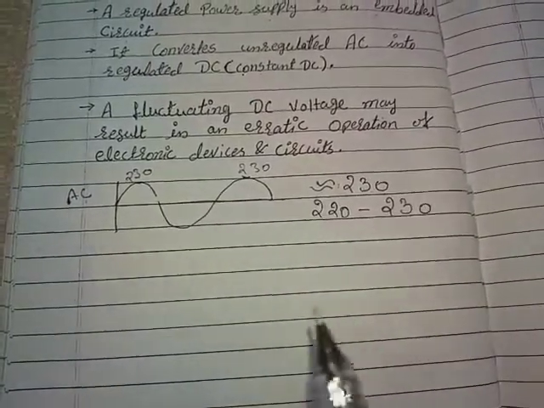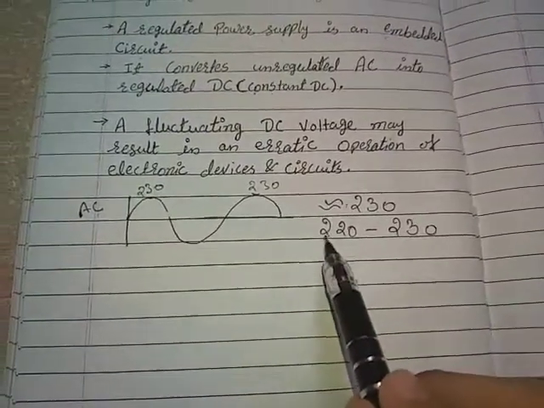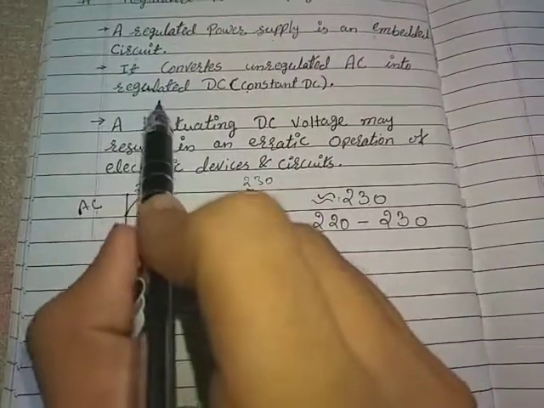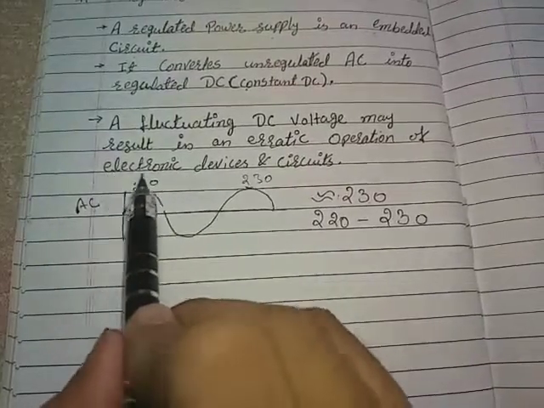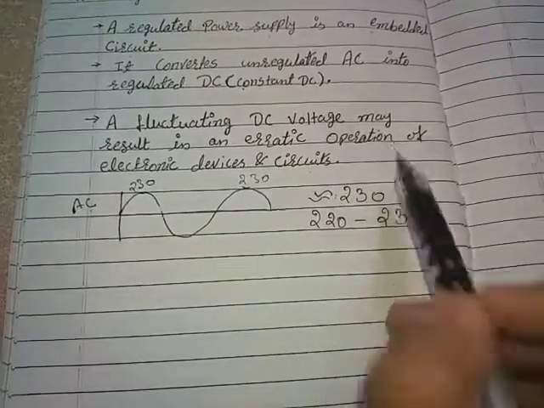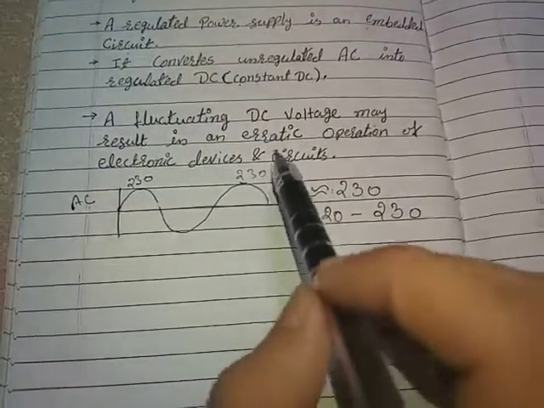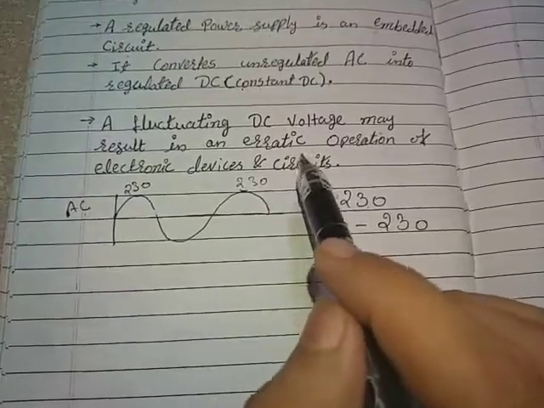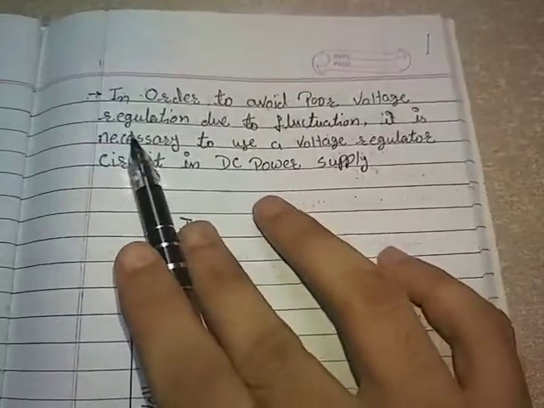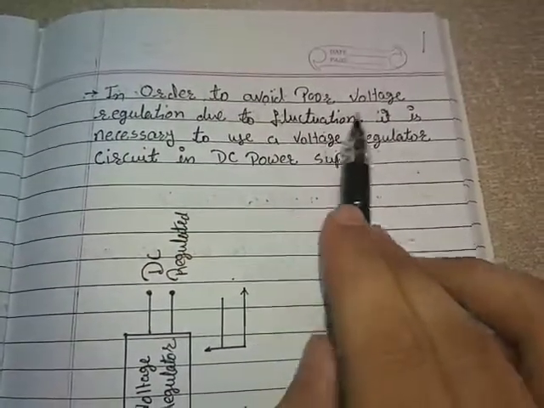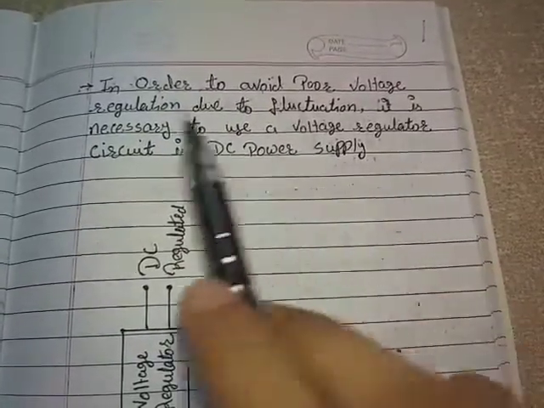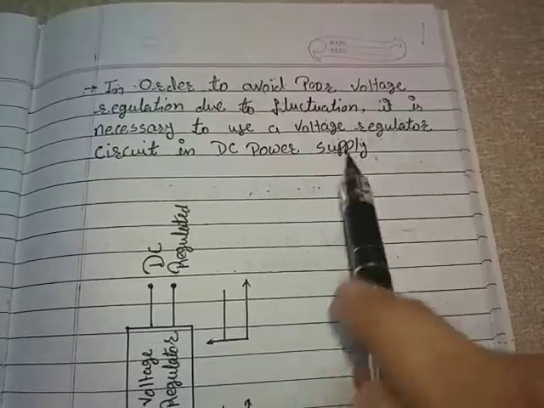It is never constant. And if the value is never constant, then the equipment, or electronic device or circuit, will perform erratic operation. Hence, in order to avoid poor voltage regulation due to this fluctuation, it is necessary to use a voltage regulator circuit in DC power supply.